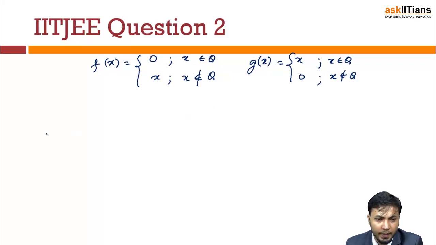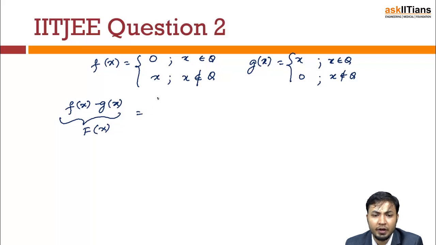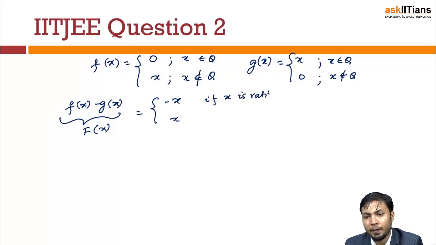Alright, now if I have f(x) minus g(x), let this be capital F of x. So this will give me minus x if x is rational, and it will give me x if x is irrational.